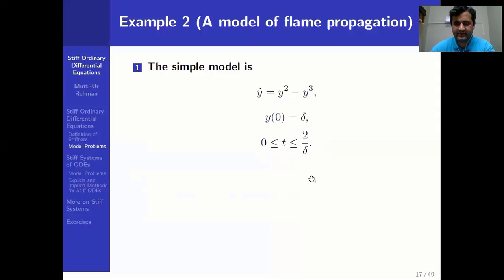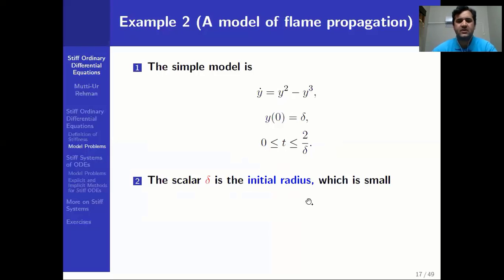Eventually it will disappear, but after a large timeline. As you move further for a large time, this will disappear. It's clear from this information. As I told earlier, delta is the initial radius of the ball, which is small.